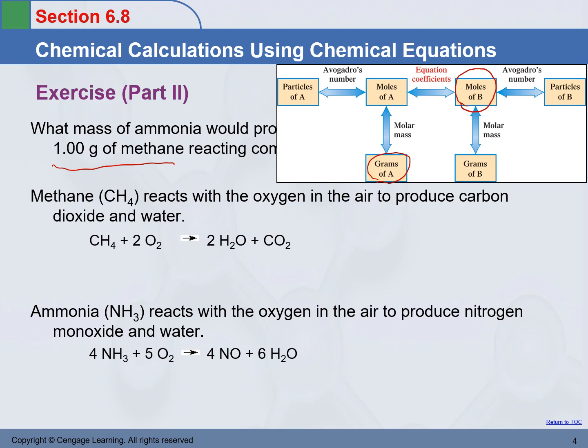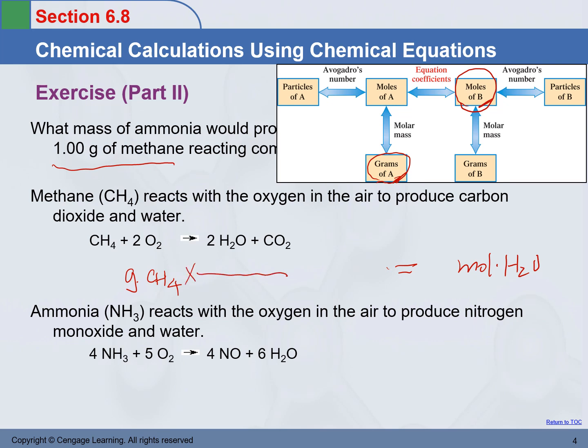Let's figure out how many moles of water can be produced from 1 grams of methane. A is methane in this case, B is water in this case. So we're going to go from grams of methane to moles of water. Looking at the flow chart, you know you need 2 conversions.